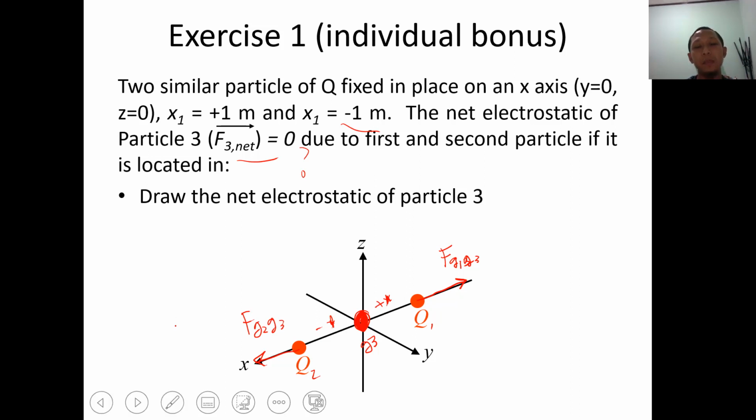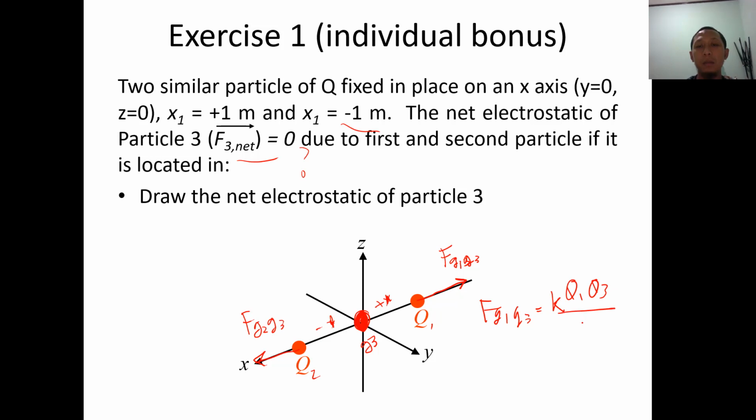So F Q1 Q3 is equal to k Q1 Q3 per 1 squared, right? Because the distance between Q3 and Q1 is 1. And F Q2 Q3 is similar, k Q2 Q3 per 1 squared. So it's similar, and because of that the net electrostatic force, or the total force on particle 3, must be 0.